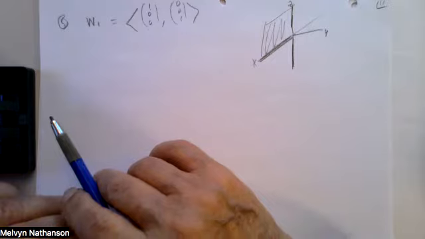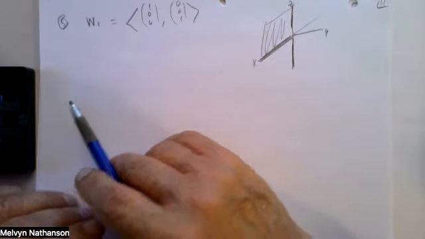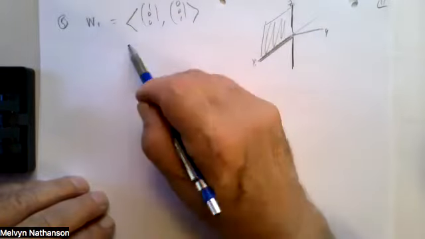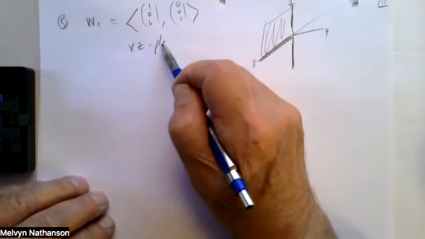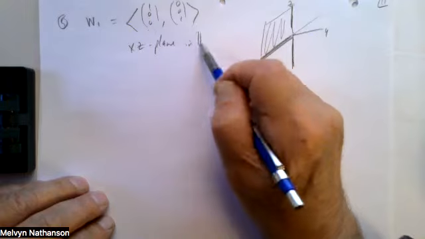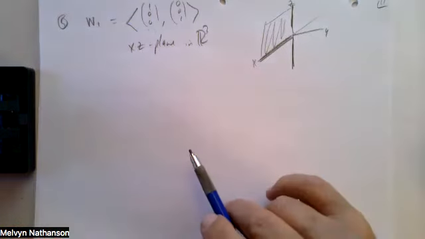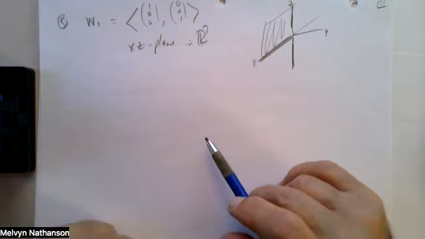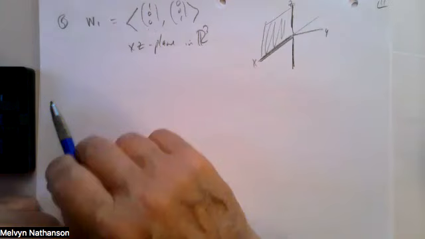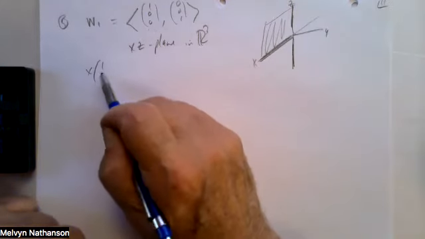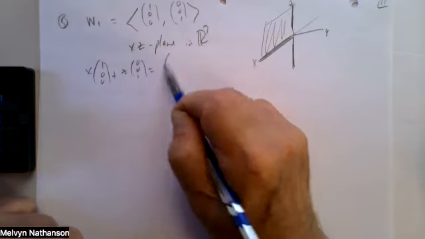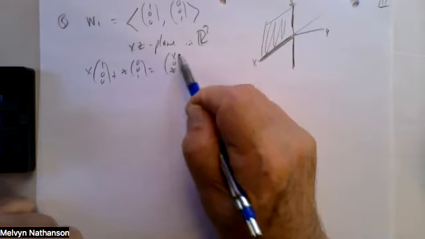So a description of the subspace generated by W1 is the xz plane in R3. Because if you look at any linear combination, x times 1, 0, 0 plus z times 0, 0, 1, you get all vectors x, 0, z.